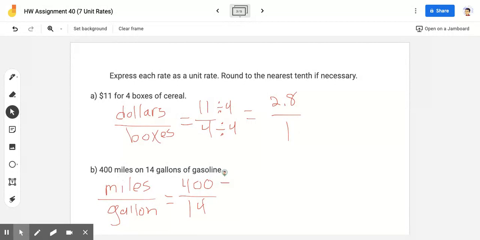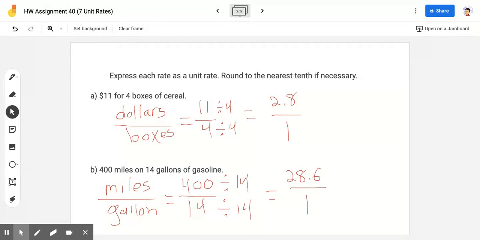So I'm going to divide the top and bottom by our denominator, which is 14. 400 divided by 14 is 28.57. So we'll say 28.6 over 1, which is going to tell me that I can go 28.6 miles on just 1 gallon of gasoline.